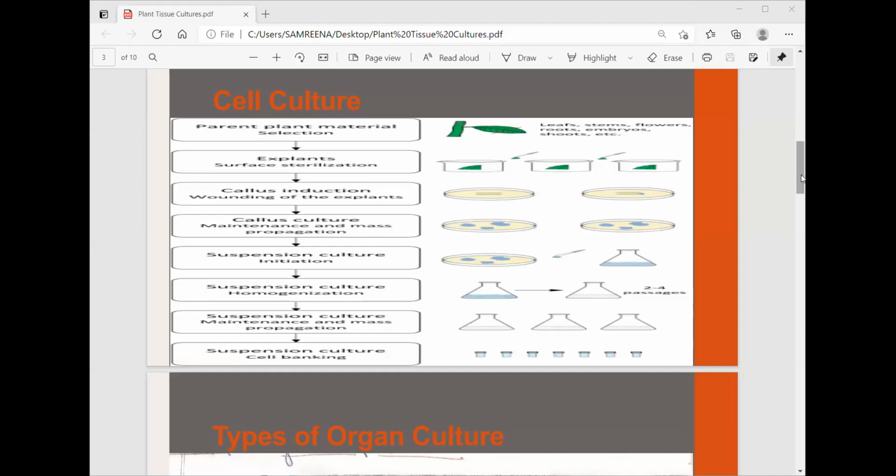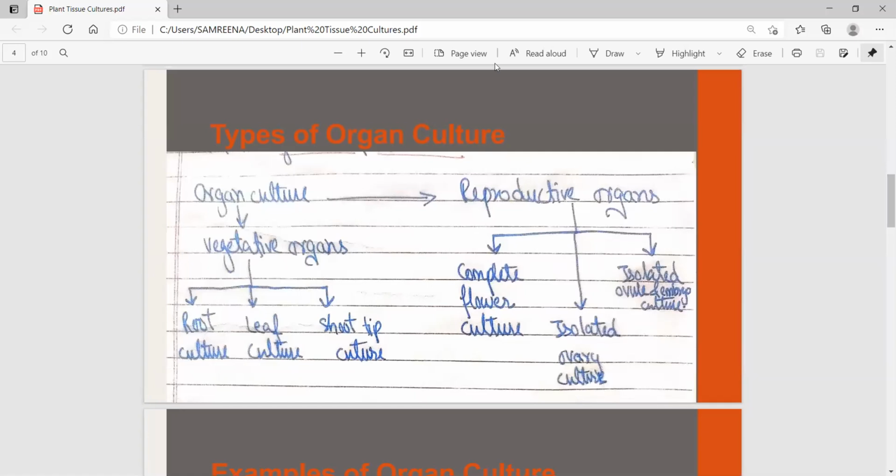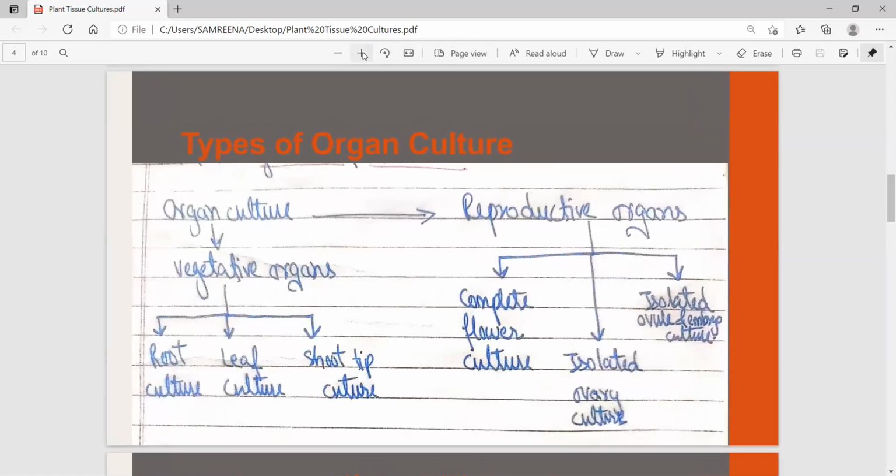Second is our organ culture. In case of organ culture, first we will discuss what is organ culture. It is directly culturing an organ under in vitro conditions. From nature, we excise our organ or part of an organ, like leaf primordia or roots.